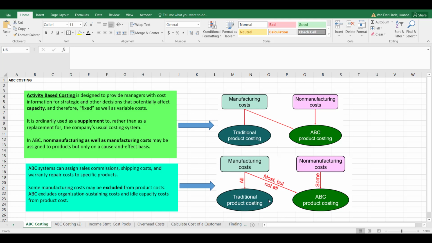Under traditional product costing, so absorption costing, all manufacturing costs are included as part of the product's total cost. Under ABC costing, however, not all manufacturing costs, but most manufacturing costs are included as part of product costs, and some non-manufacturing costs are also included. This diagram does a really good job of summarizing, at least visually, how these two systems differ.